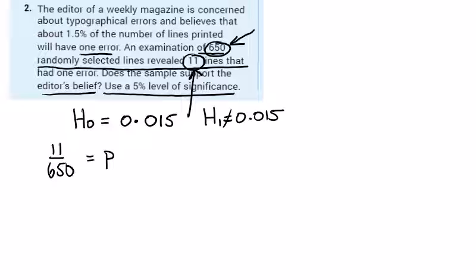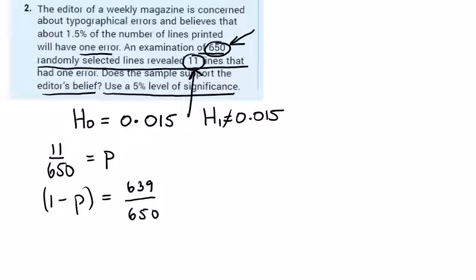So we're going to use population proportion. And 11 over 650, does that work out? Don't think so. Doesn't work out too evenly, so I'll just do 1 minus P as a fraction as well. So 1 minus P is not 11 over 650, it's 650 minus 11, which is 639 over 650.